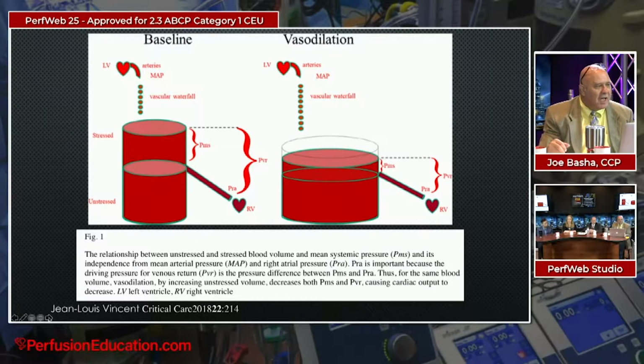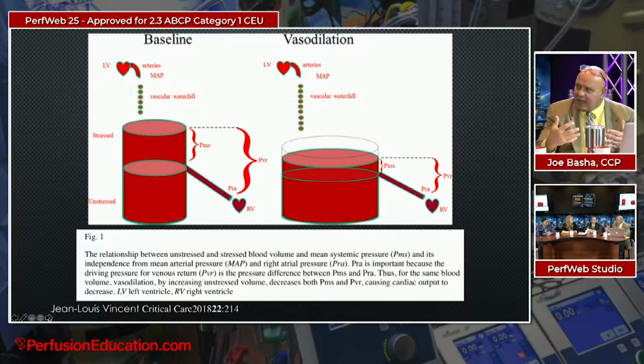So if you have a patient, which you would look at on the right, that has a venous capacitance system that now has been dilated, you will see that because of that dilatation, it's going to take more volume to fill the unstressed portion because you've made a bigger waterbed. It's not a twin size. You've graduated to the queen, and you're going to need more volume.